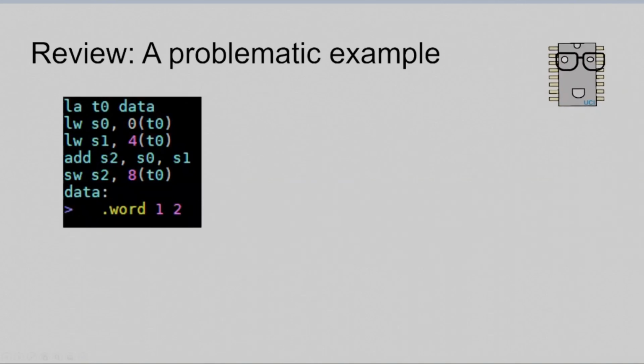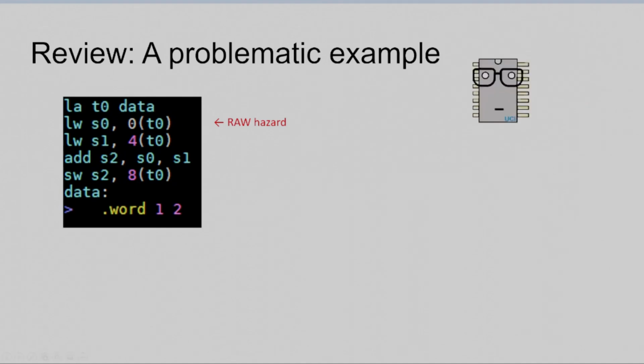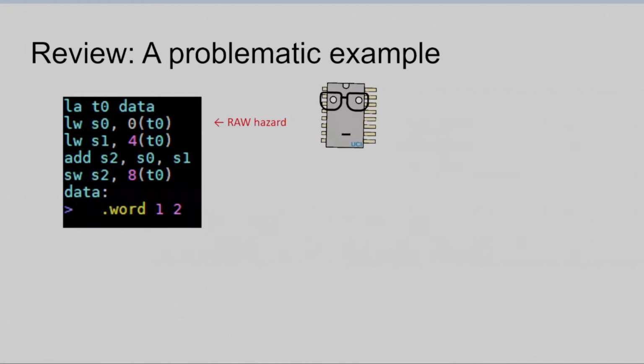Anyways, looking back at the problematic example that we talked about at the beginning of the lecture, first we have the very first read-after-write hazard, because the load address instruction, which translates to load immediate instructions, has results that have to be available to the second load word instruction, creating a RAW hazard.